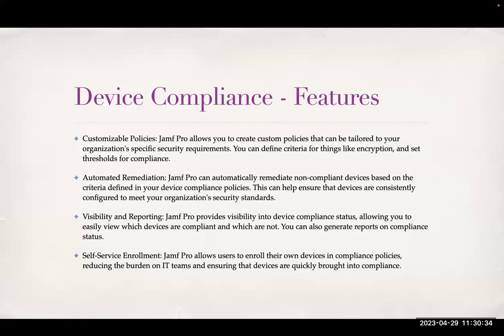Imagine for certain scenarios, if you cannot automate, you can also set up alerts where, as soon as a device state changes from compliant to non-compliant, it will shoot an email to your support group stating that, hey, this device is not compliant. When they click on the link, they will go to the device and they can see the non-compliance. They can either ask the user to run the fix, which is available in Self Service, or they can do a remote session and fix the issue. So this is automated in nature.